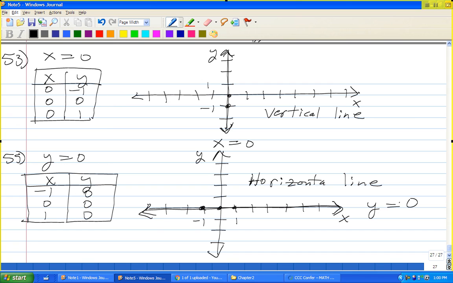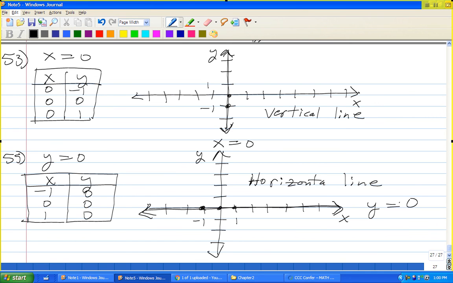Okay. So that really finishes off section 3.2. Let me go on. Oh, wait. 3.2. Oh, there's still 2 more problems.